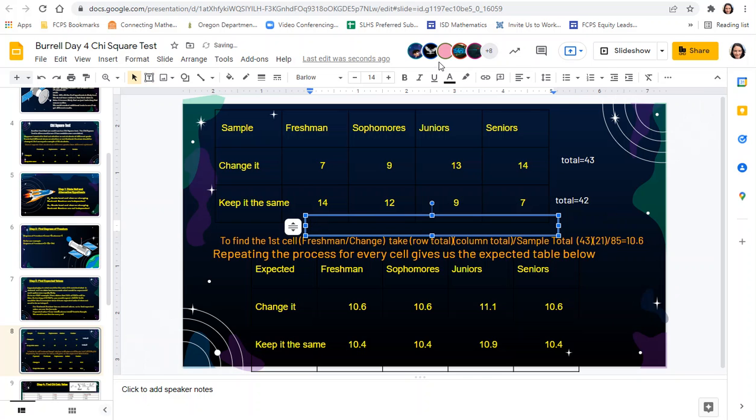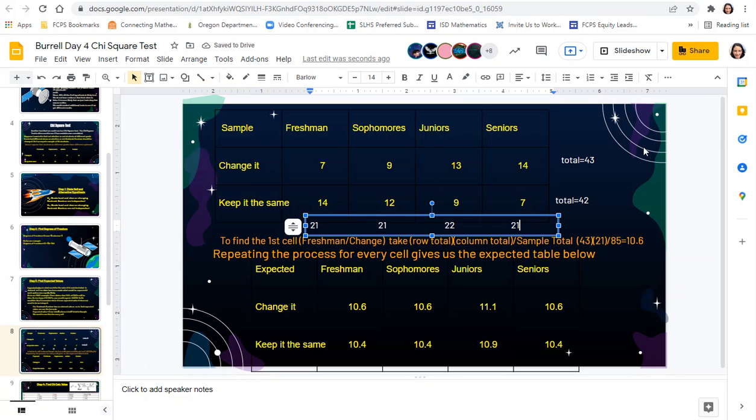Oops, I have to keep remembering that I can't write black on black. 21, another 21, and then a 22, and then a 21.